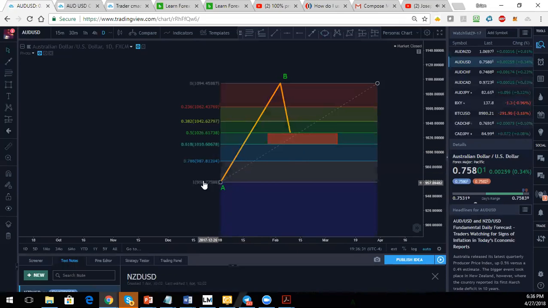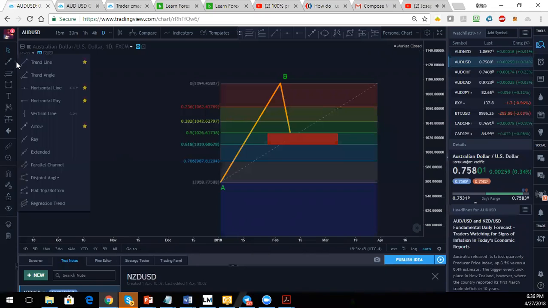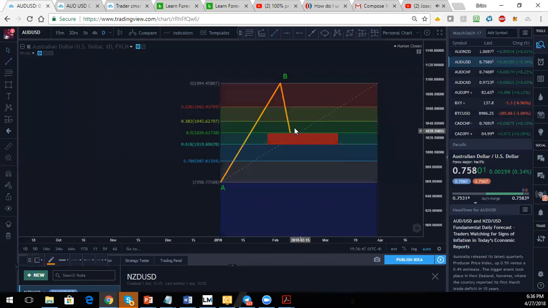Now we're looking at a non-traditional or alternate ABCD pattern. Actually, it's not an ABCD pattern now, it's called an AB equals CD pattern, right? So now we have an alternate ABCD pattern.